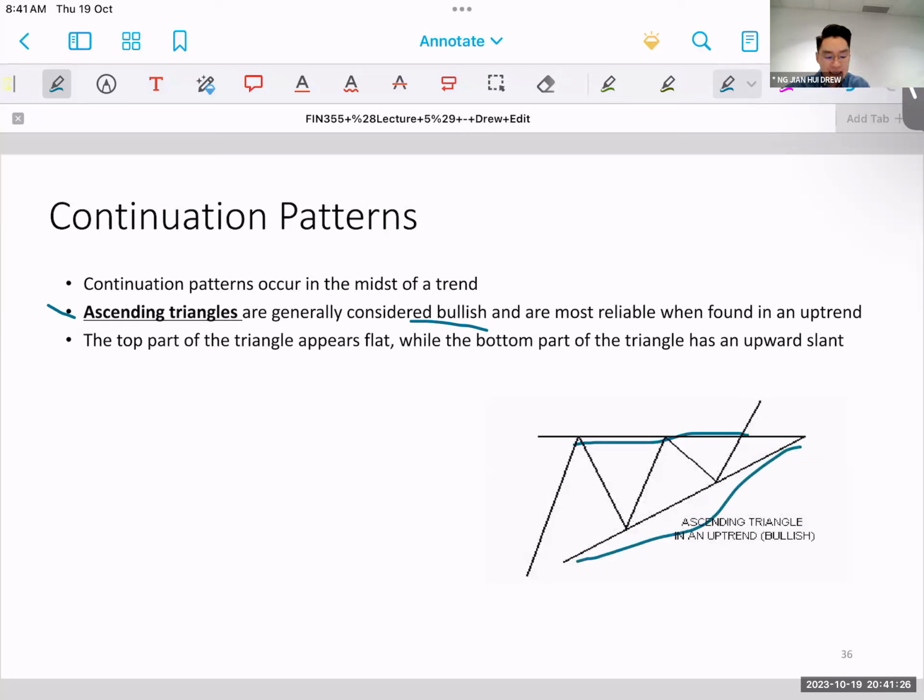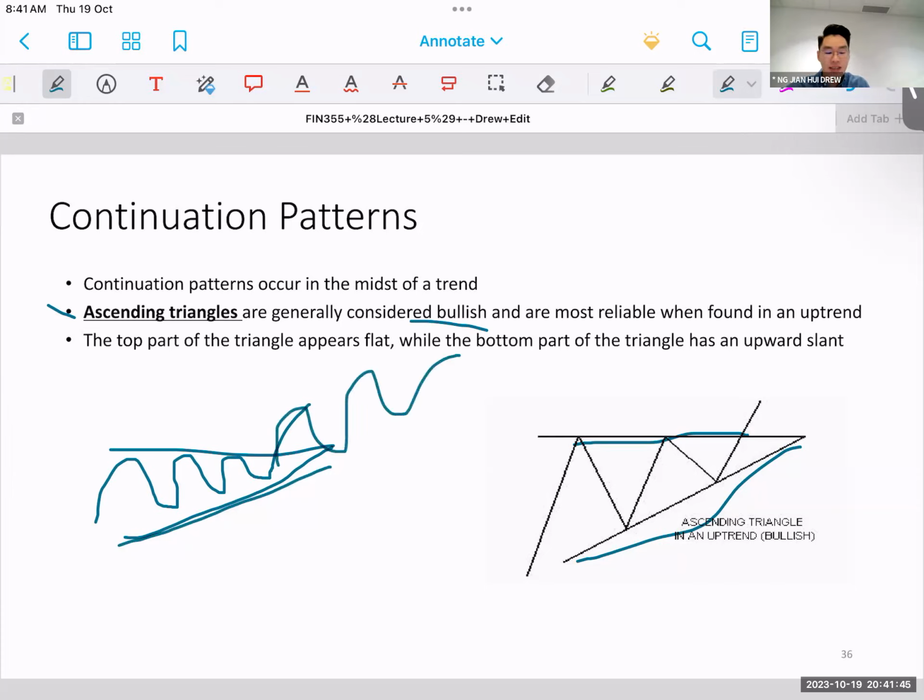Whenever we see this kind of triangle, a flat top with a slanted bottom, and the price goes in this triangle like this, it's likely that it will cut out of the triangle in a continuation. Because the slanted bottom is going upwards, the price would likely keep on going upwards. So this is a bullish sentiment in the market.